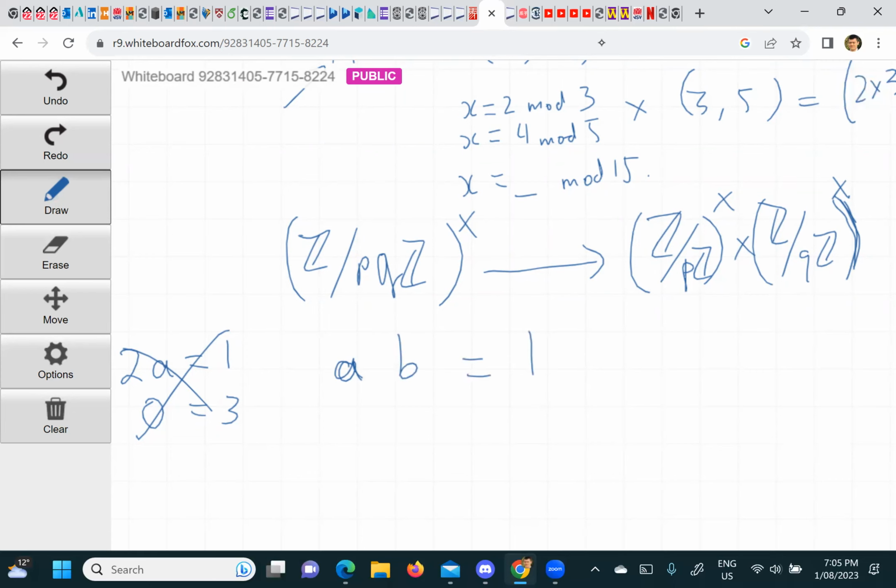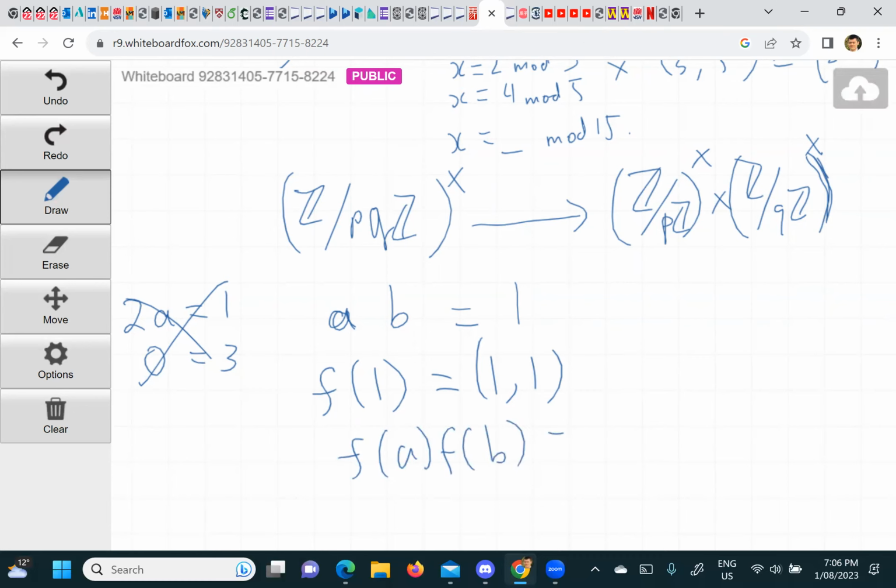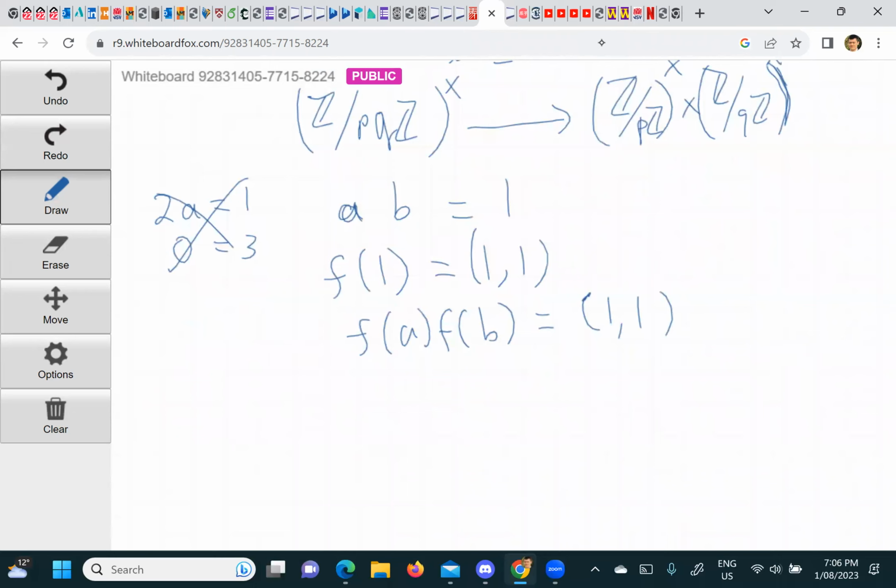But then when you take the function, we can check that f of 1 goes to 1, because 1 is literally just 1 comma 1, which times everything keeps them the same. So f of 1 equals 1 comma 1. So when you use multiplicativity, you get f of A times f of B equals 1, 1. And so f of A is obviously invertible because its inverse is f of B.